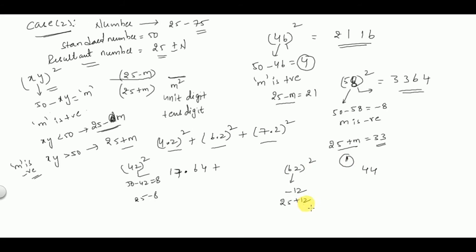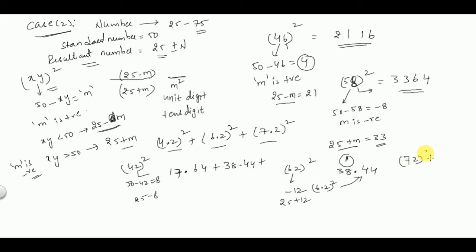So 25 plus 12 is 37, plus 1 is 38, and so 62 whole square is 3844. If we want 6.2 whole square, it is obtained by keeping a decimal point after two digits. So this becomes 38.44 plus 72 whole square.